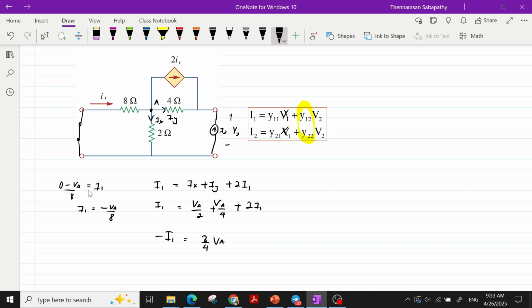So VA is what? I can bring the 8I1 directly. VA is negative 8I1. So I'll substitute here, negative 8I1, negative I1 equals 3 over 4, negative 8I1.